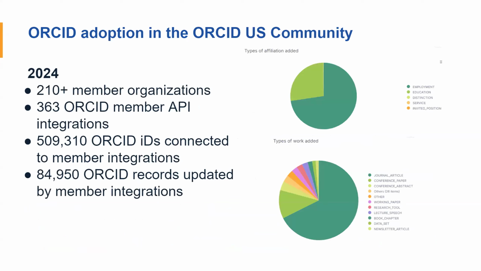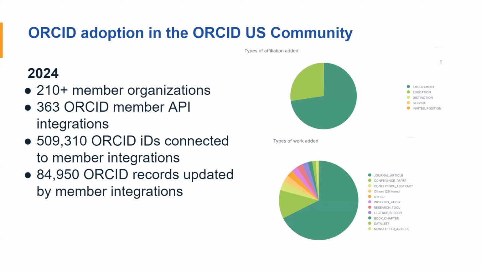Across our 210 member organizations so far, there are 363 software systems or workflows that are integrated with the ORCID member API, with over 500,000 researchers' ORCID IDs connected to those applications. And of those, almost 85,000 ORCID records have had information added to them from a member API integration.